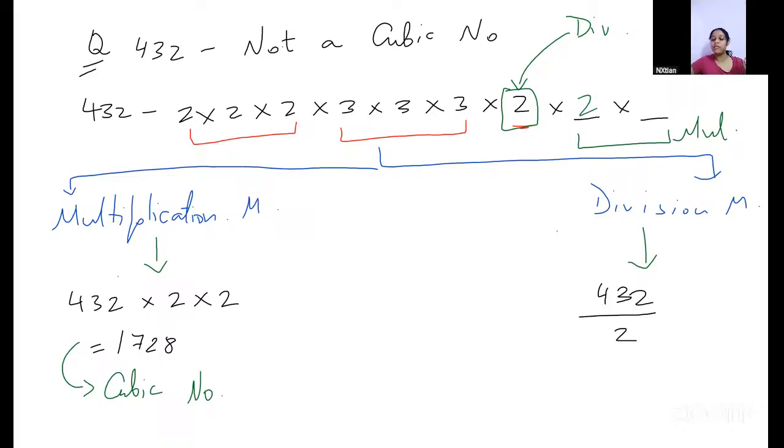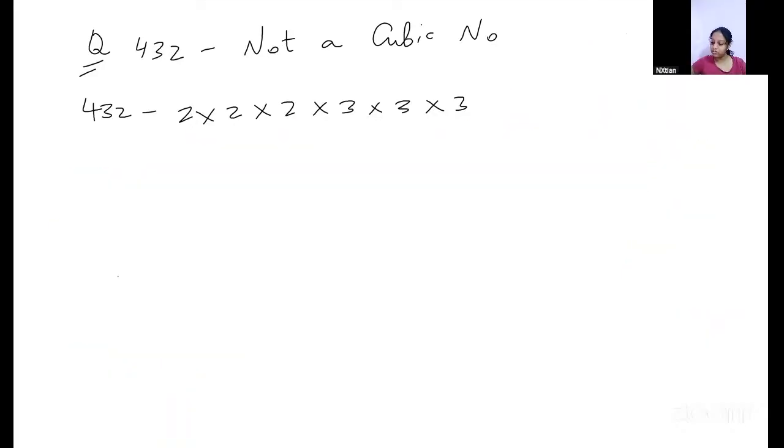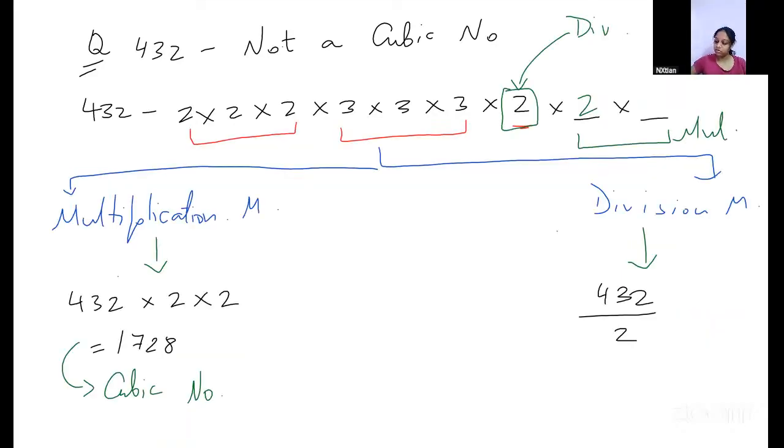Then it will become 432 divided by 2 into 2, or 4. That is how I'm going to divide it. Understood now? The case of triplets. Yes, ma'am. Nathaniel, Anna, hope the case of triplets is clear to you. Yes, ma'am, I understood.